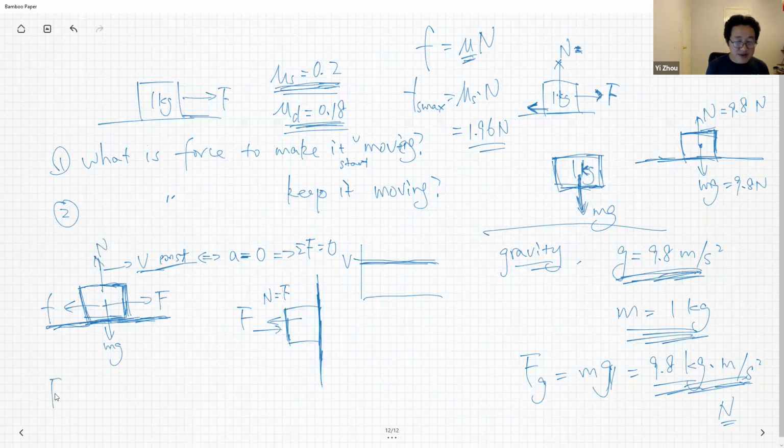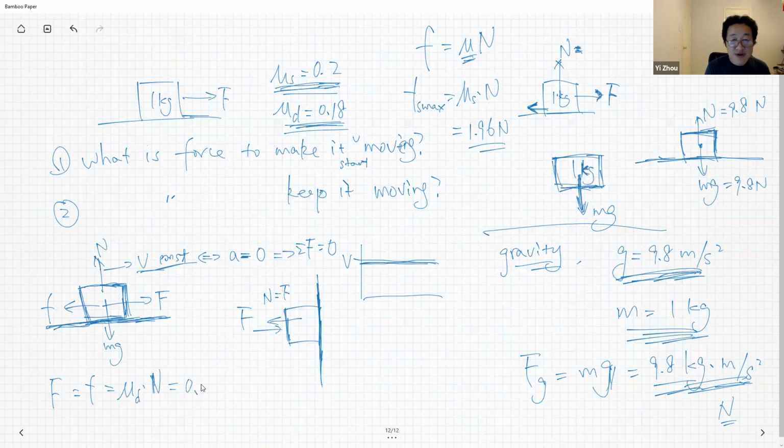So the force will equal the friction, which equals the dynamic friction coefficient times the normal force, right? The normal force is the same as the gravity, so we already calculated that.